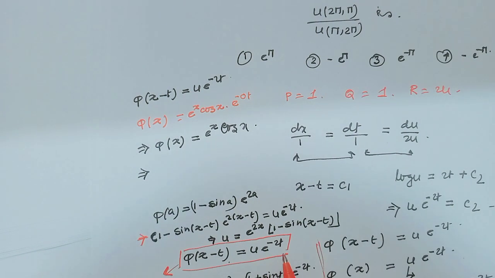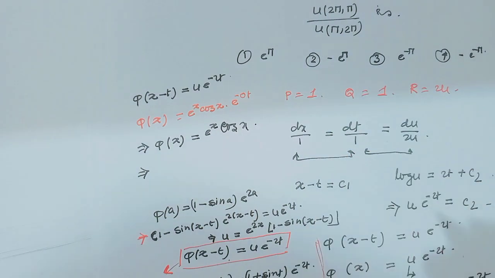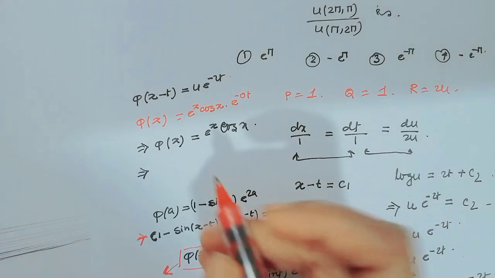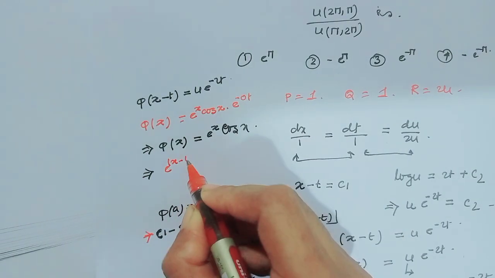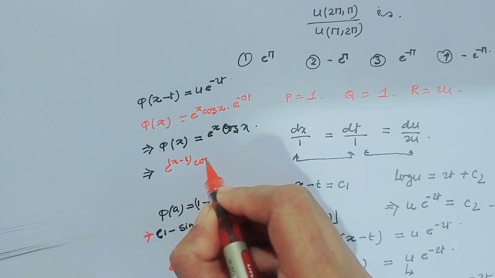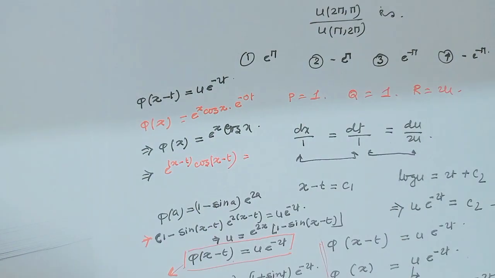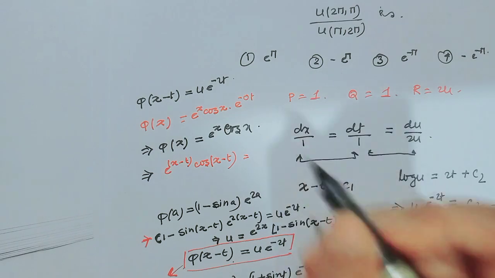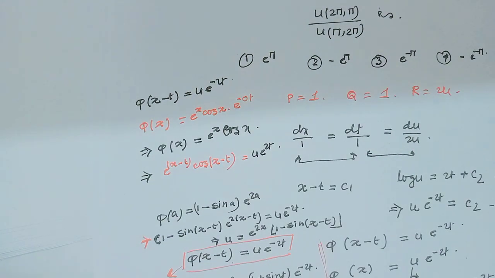Since phi of x equal to e to the power x cos x, and given phi of x minus t equal to u e to the power minus 2t, therefore e to the power (x minus t) times cos(x minus t) equal to u e to the power 2t.